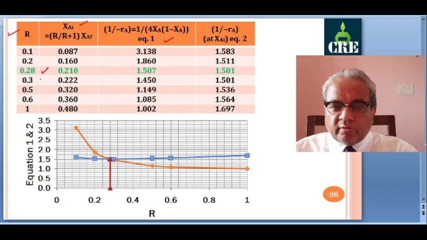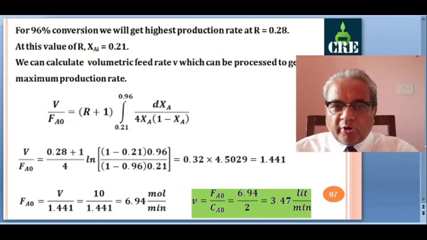So you will operate at a recycle ratio of 0.28, and the corresponding value of XAI will be 0.21. So 96% conversion will get the highest production rate at a recycle ratio of 0.28. At this value of R, XAI will be 0.21.